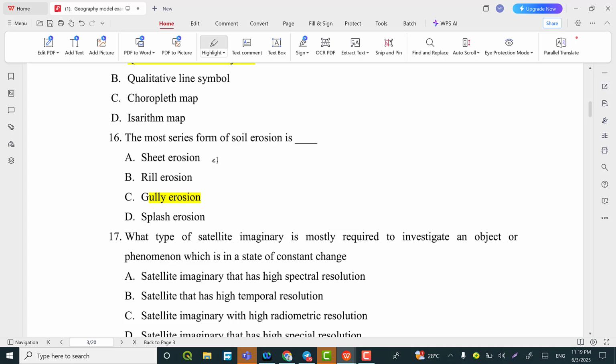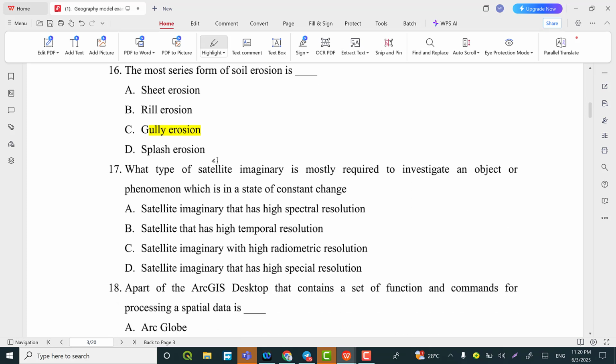Rill erosion forms very small, tiny waterways. Splash erosion mainly occurs on flat surfaces and floods over plain areas. Gully erosion forms a deep gully or deep gorge because of the detachment of a large amount of soil from that specific area.